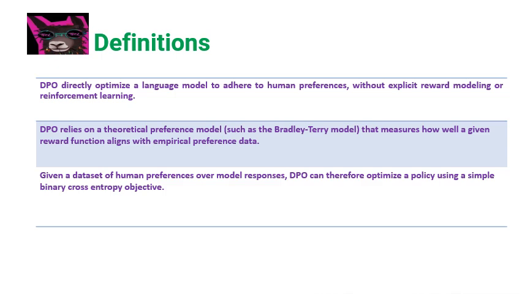So we can restate: DPO directly optimizes the language model with respect to a theoretical preference model. Given a dataset of human preferences over model responses, DPO can therefore optimize the policy using a simple binary cross entropy objective.